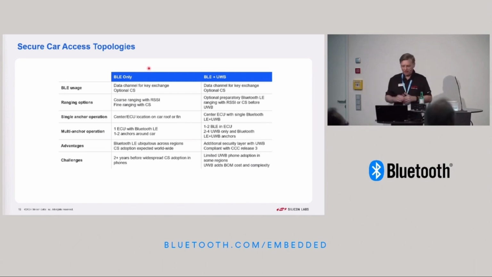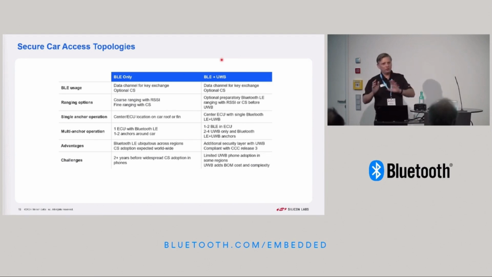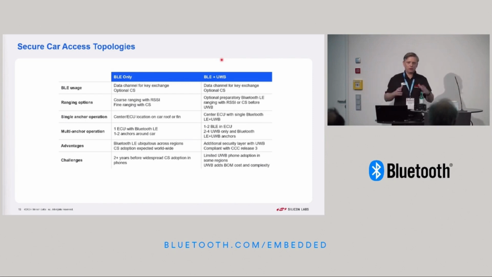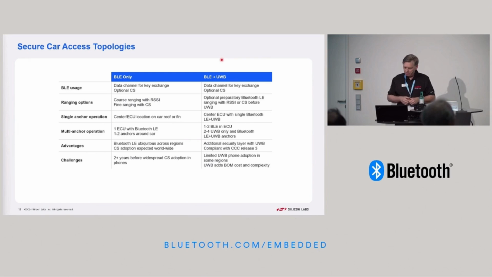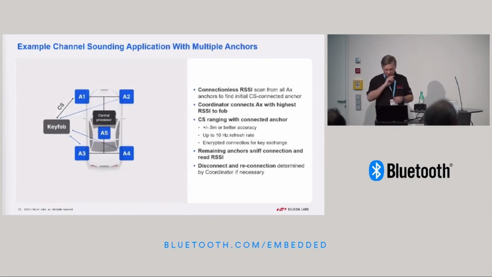On the other side of the use cases, using UWB for the final and ultimate ranging in the system. But even in that use case, potentially channel sounding could be used as a first step to do an initial localization of the key fob or the phone relative to the car before UWB is engaged. And just to drill in a little bit further to some of the implementations of this that we've seen.